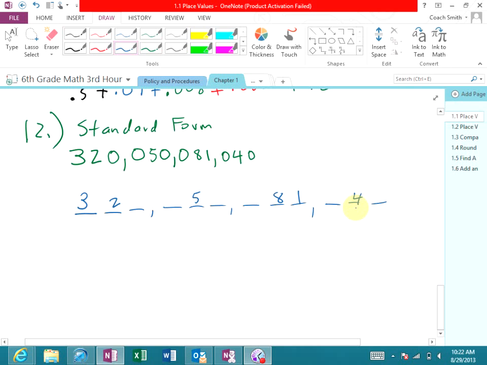Now you just put in zeros where the rest of the numbers are. Okay? And so there's your number. If that's easier for you to do, you can do it that way. Whatever's easiest between the two, do it that way. Okay? So that's how we put in standard form.